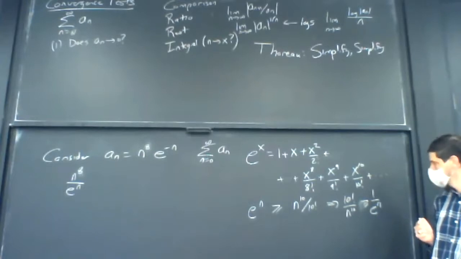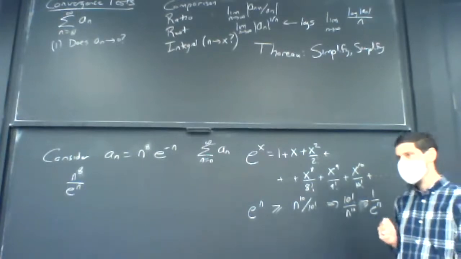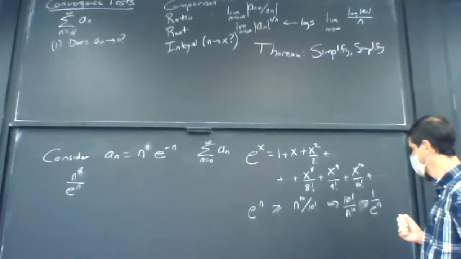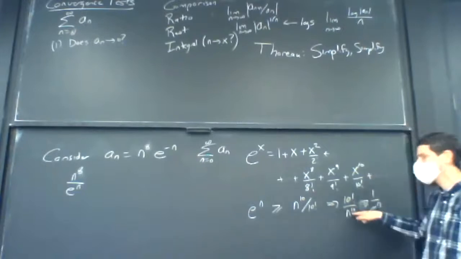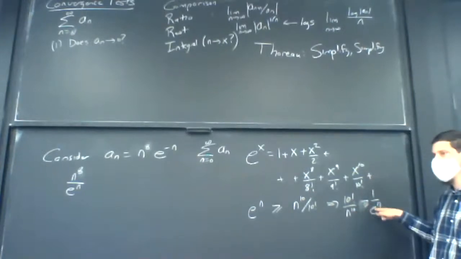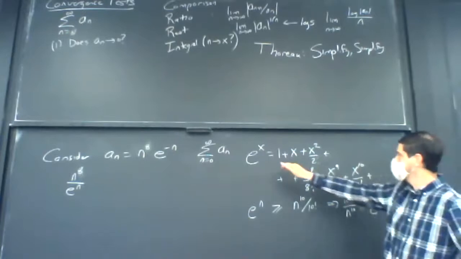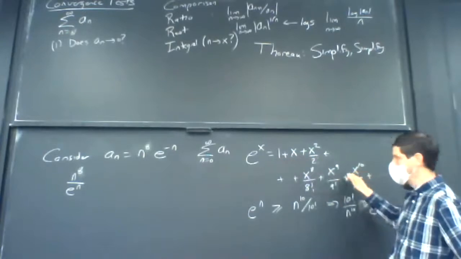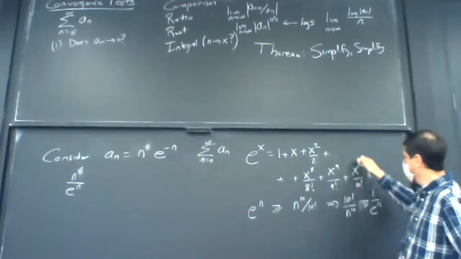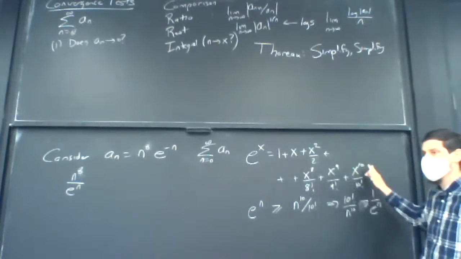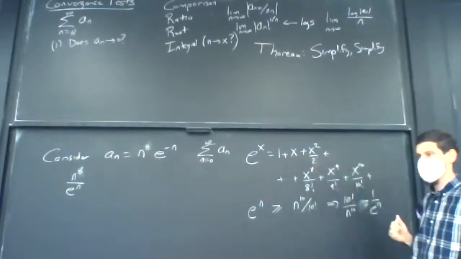Right, yes? Could you explain why those intermediate steps are in that way? Doing 10 factorial over n to the 10 is greater than or equal to 1 over e to the n. Could you explain how you got that? So I look at e to the x. And so if I look at just the term x to the 10 over 10 factorial, and I drop everything else, for a positive value of x, that's going to be smaller than e to the x.